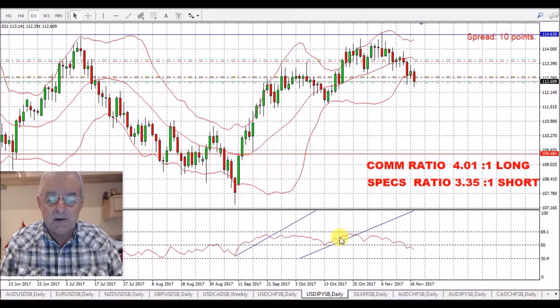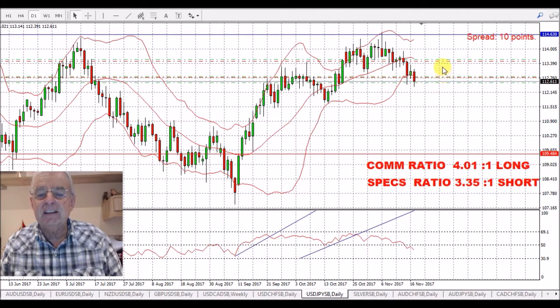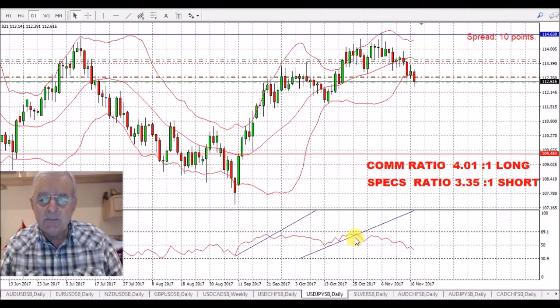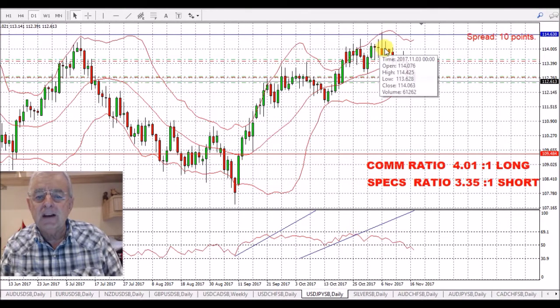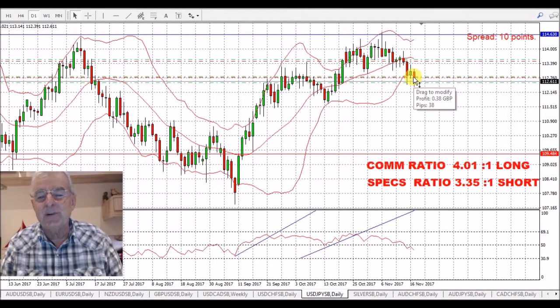USD Canadian, sorry, USD JPY. I've got two trades in this. We put a trend line up, and when it broke through, I think it was a few days afterwards, I put a trade in. I can't remember if I got knocked out up here or not, but I put a trade in. It's come into profit.